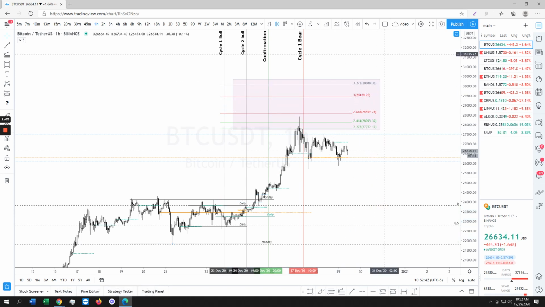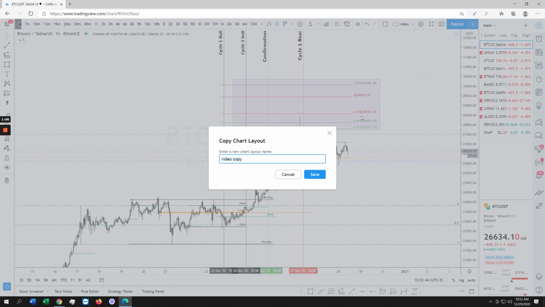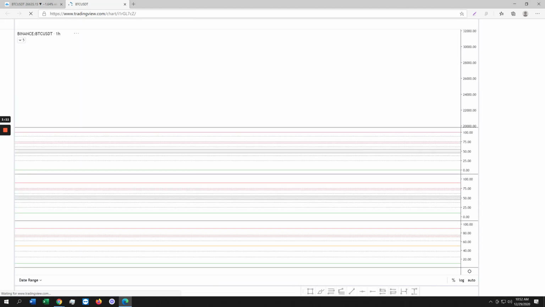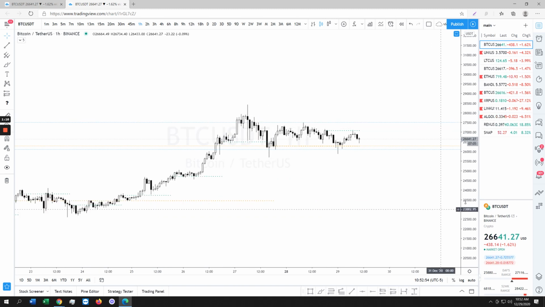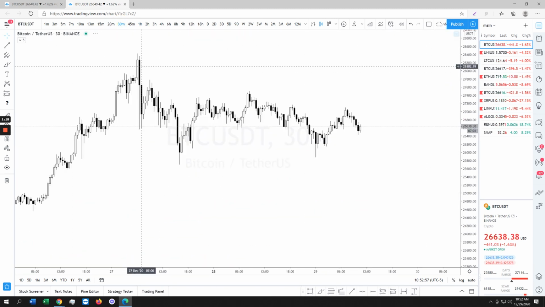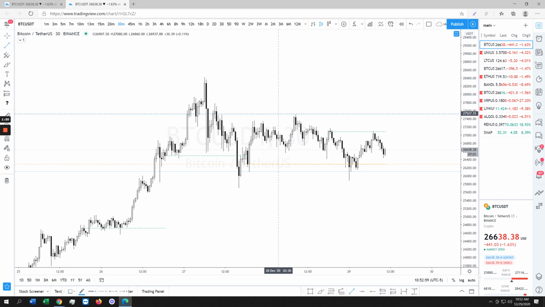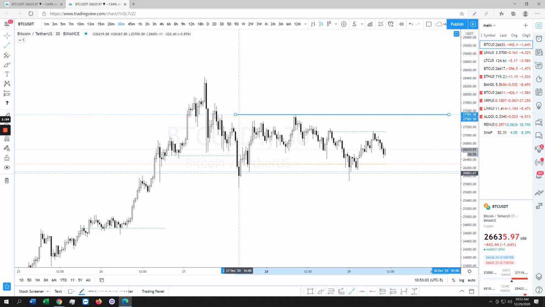Now, from a micro perspective, let's make a copy, video 1, save. So now, what we're currently working with is to delete everything. This is the microstructure right here we're working with. We have our Monday high, and our Monday low.